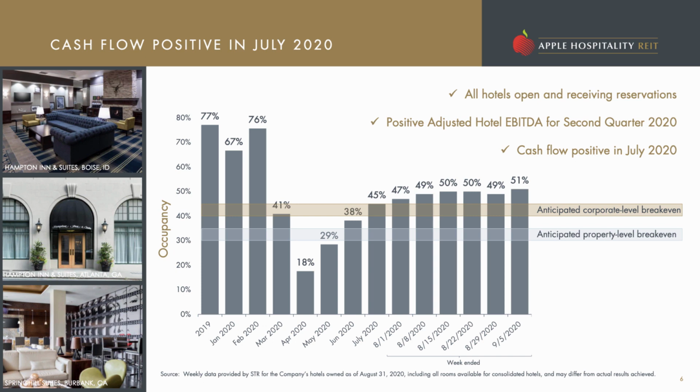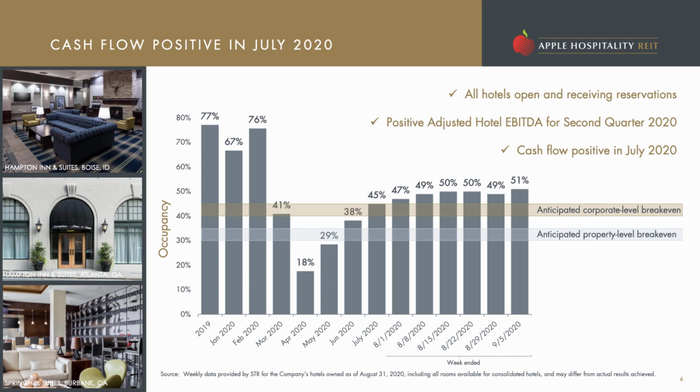The next slide here shows how it was cash flow positive in July 2020, and you can actually see here on the graph where it wasn't cash flow positive. So you can see how March was terrible, April was really bad, May it was still losing money, June it was partially break even, anticipated property level it says, whereas July, that's when it was profitable again.